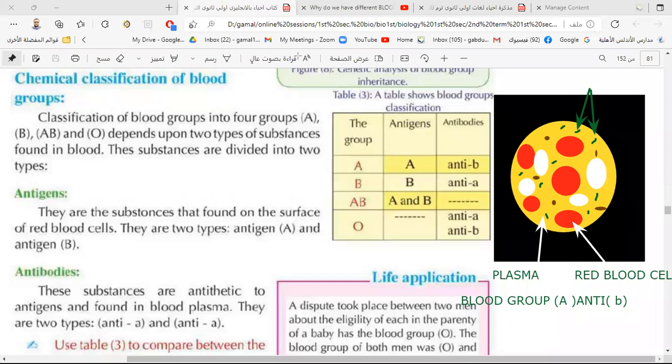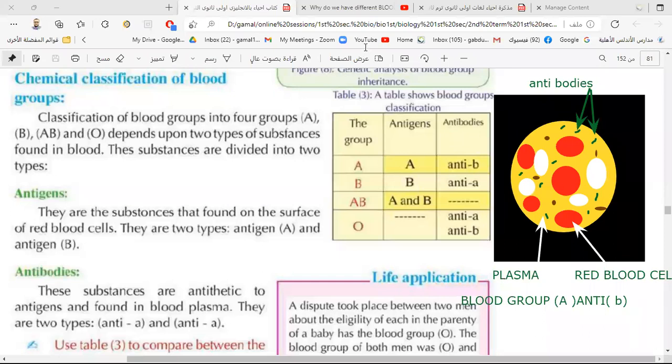These antibodies have a chemical structure, and they face any strange object or strange substance that enters the body. There is also, on the red blood cell itself, another chemical substance called antigen.